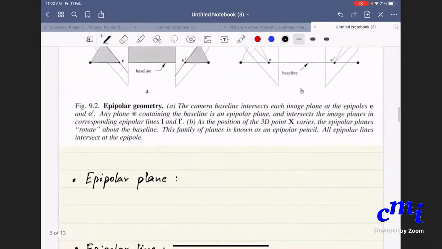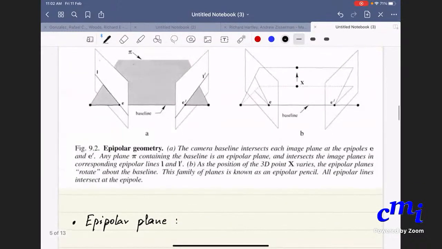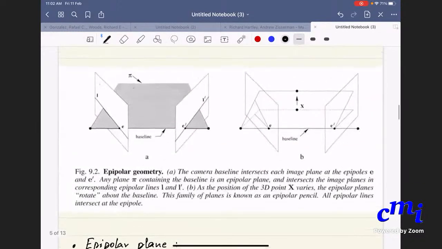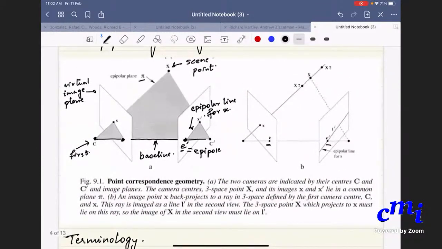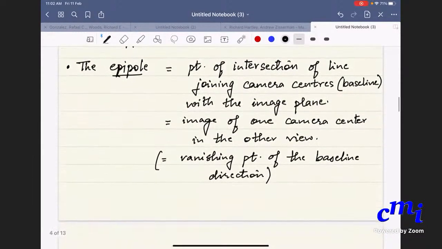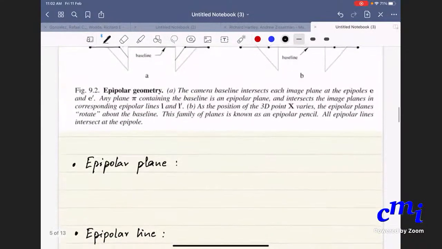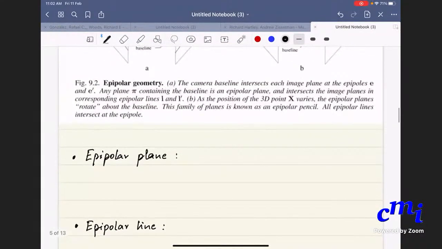Then what I want to talk about is the epipolar plane. The epipolar plane is the plane where all this geometry is happening. So this plane pi on which all these points of interest are lying is called the epipolar plane. It is also the plane containing the baseline. That makes the definition more general, and I'll tell you why.